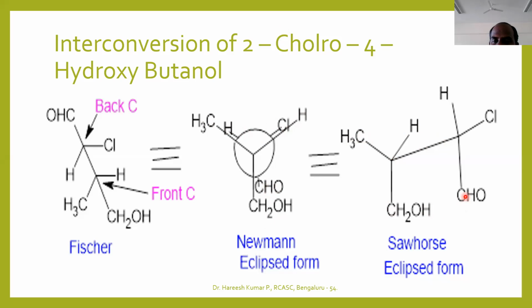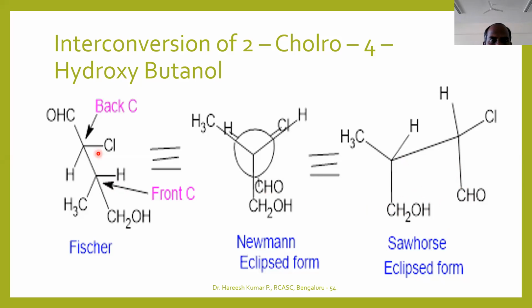So this is the CHO group, meaning the second, backside carbon atom is represented as a circle, which is converted into a Sawhorse projection formula in the second carbon atom. CHO group is this, and Cl group is this, and hydrogen is this. And here also you can observe that CH2OH is exactly the backside of this CHO. That is the reason it's called the Sawhorse representation, and similarly it is an eclipsed form.